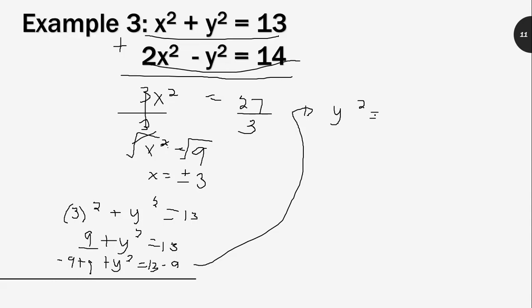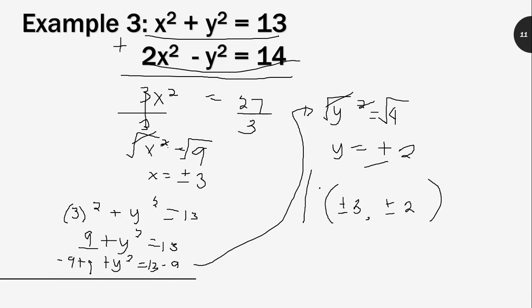We got 4. And then, square root po natin. Square root of y squared is y. Square root of 4 is positive and negative 2. Our x is positive and negative 3. Then our y is positive and negative 2. So this is our solution in example number 3.